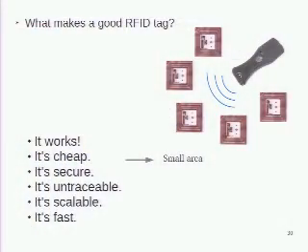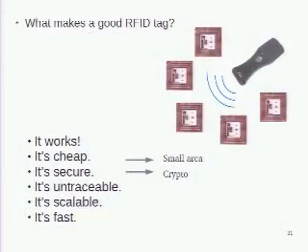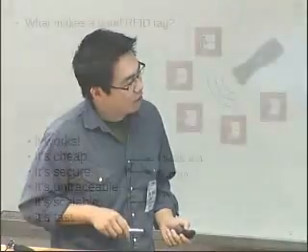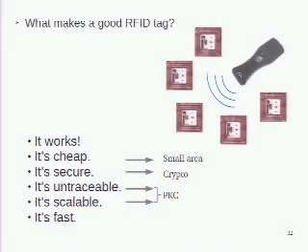Yeah, it's cheap. That means it has small area because every single gate in the circuit costs you some amount of money. So it has to be small. It has to be secure, and that's where the crypto jumps in, right? We need cryptography to ensure these properties. It has to be untraceable and it has to be scalable.